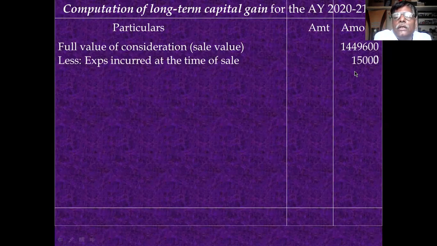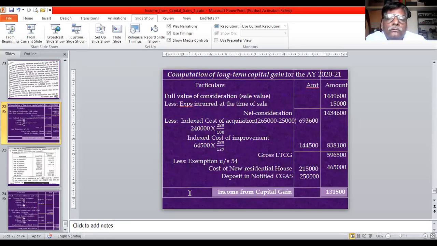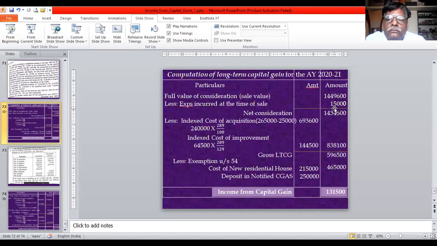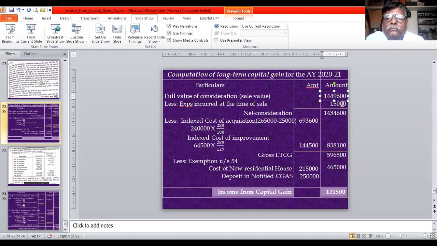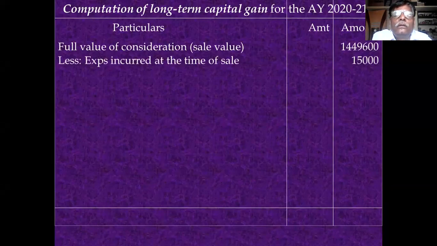You deduct the 15,000 selling expense, and the net consideration comes.